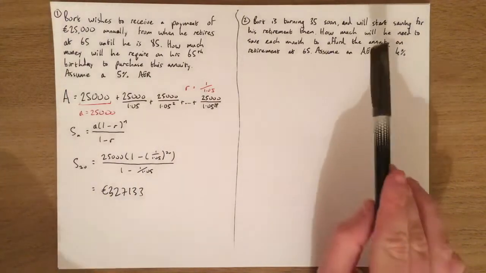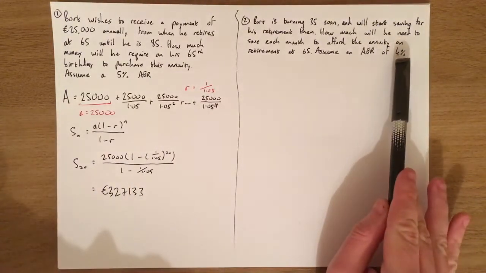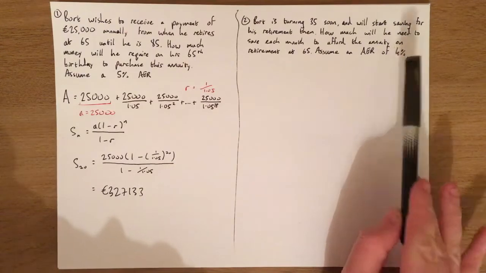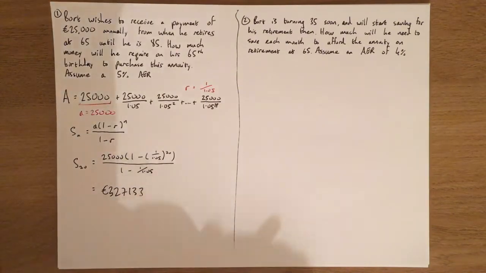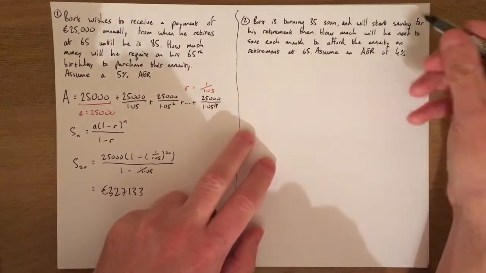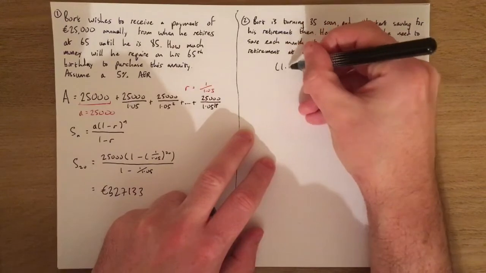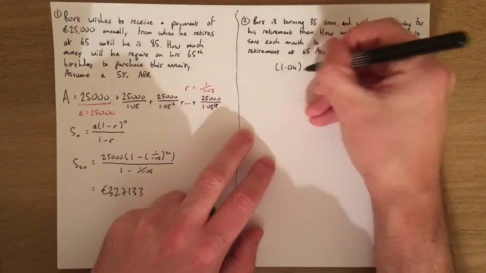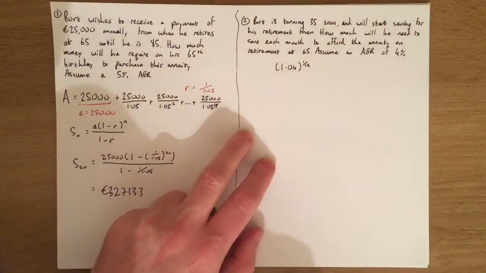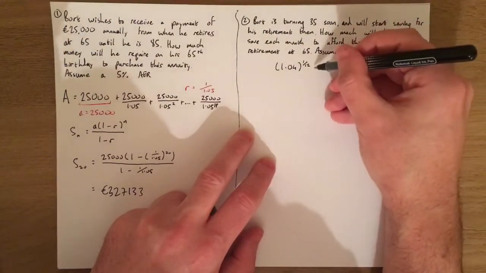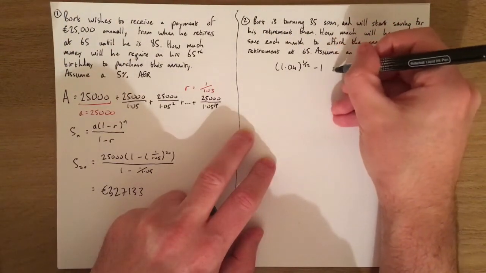So the first thing with this question is I've got an annual rate of 4%, so I need to change that to a monthly rate. So 1.04 is my annual rate to the power of 1/12, sorry, to make it monthly, and then just subtract 1.